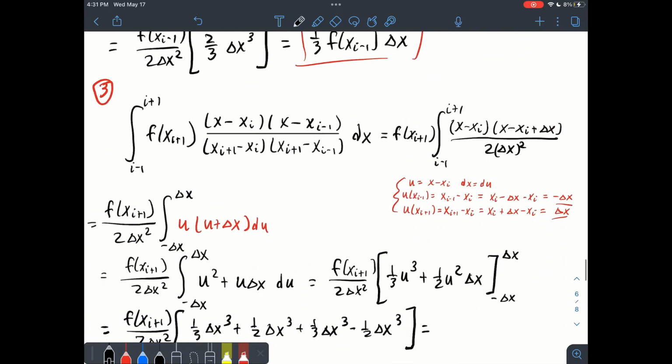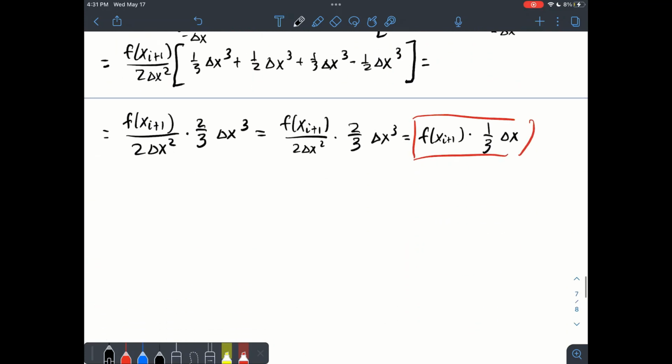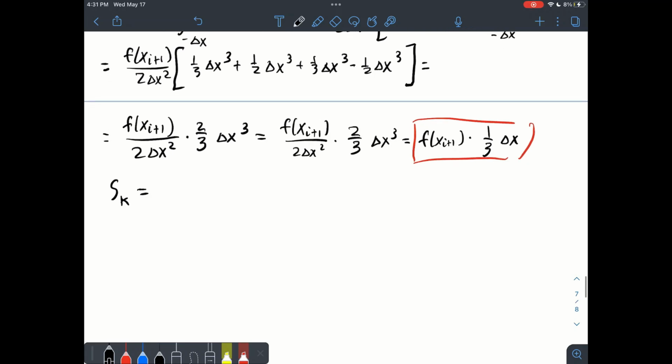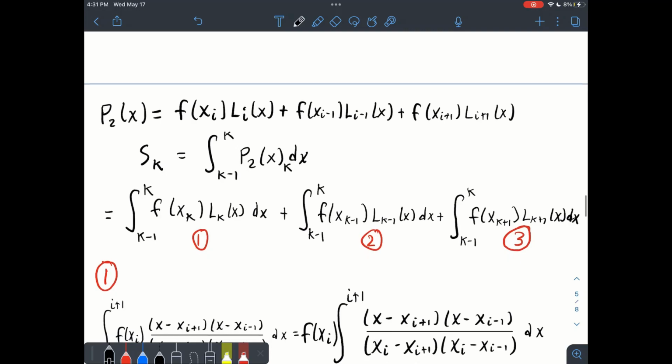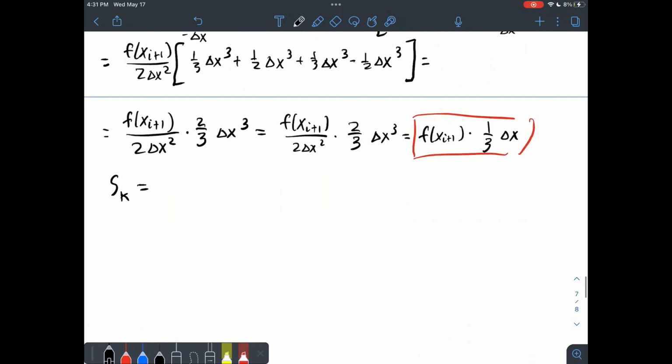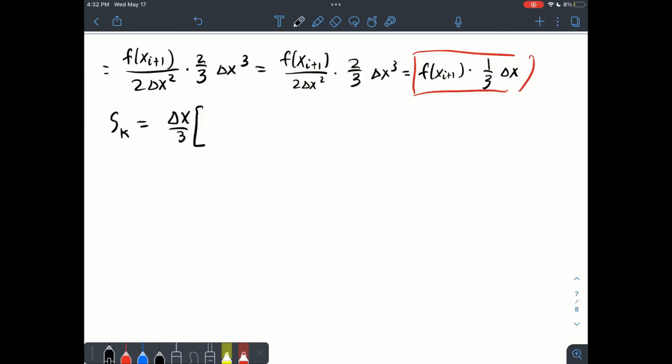So for the quadrature, we have that the integral, I called it sk, is going to be equal to, let's go back up to the top here. We said it was the integral of all of those three. So we have delta x over 3 times, we are going to finish this.